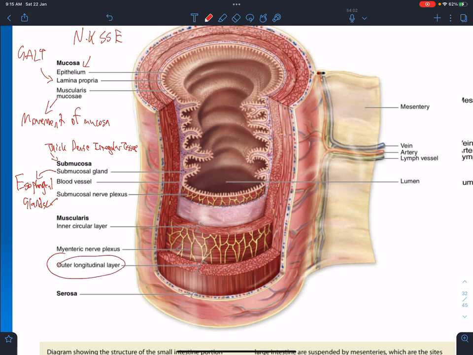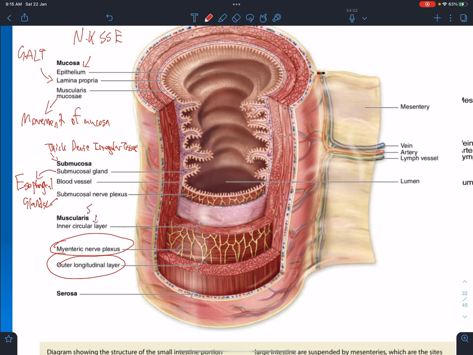And in between these sublayers in the muscularis layer is the myenteric nerve plexus. Myo for muscle, enteric for intestine. So a nerve plexus found, from its name, within the muscularis layer of a digestive tube, okay?